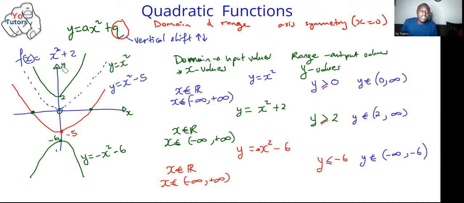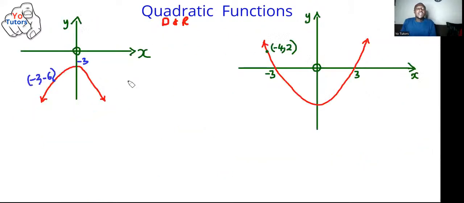So here this line is the y-axis. That's what we know. The axis of symmetry is x is equal to 0. Don't stress yourself for now.